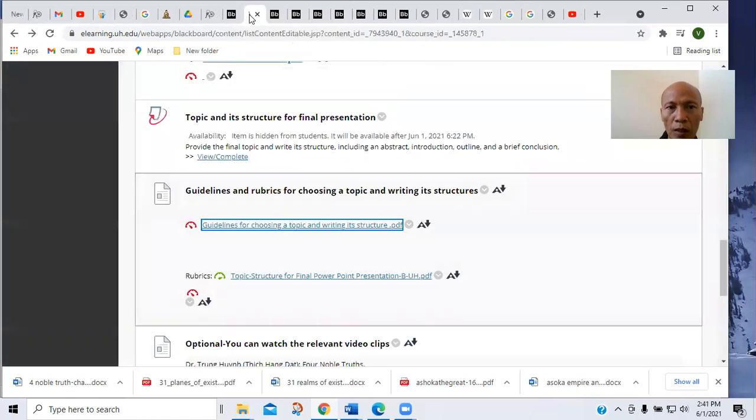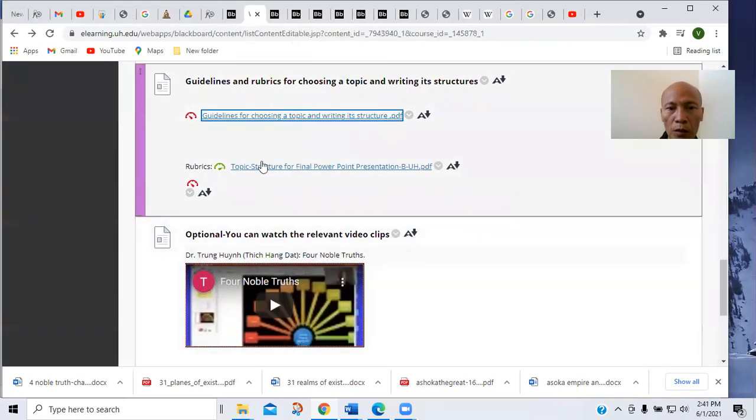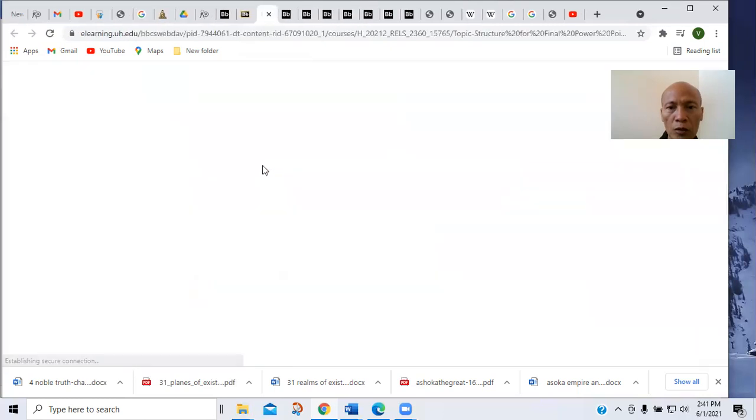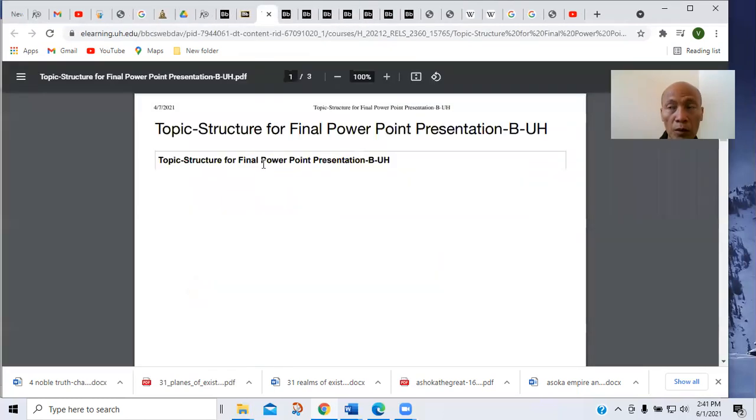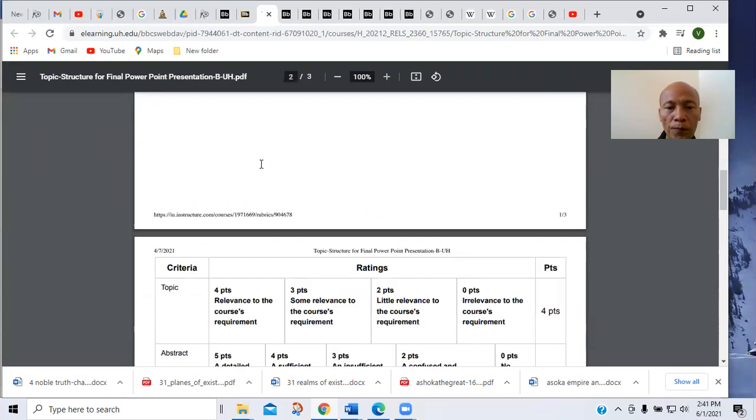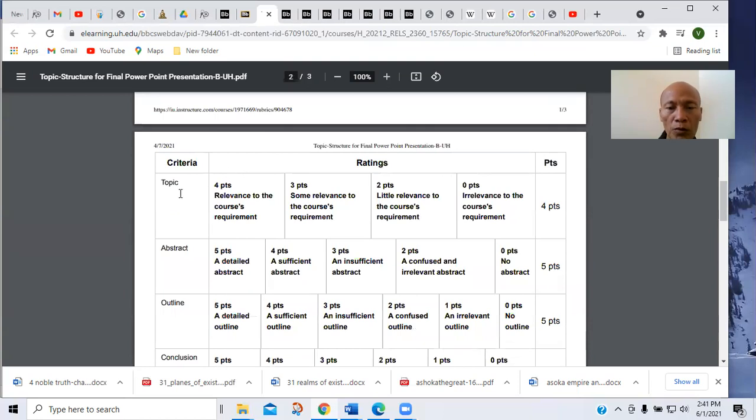So these are the guidelines, and these are the rubrics based on this to give you the rating, to see whether you have a good, relevant topic or not.